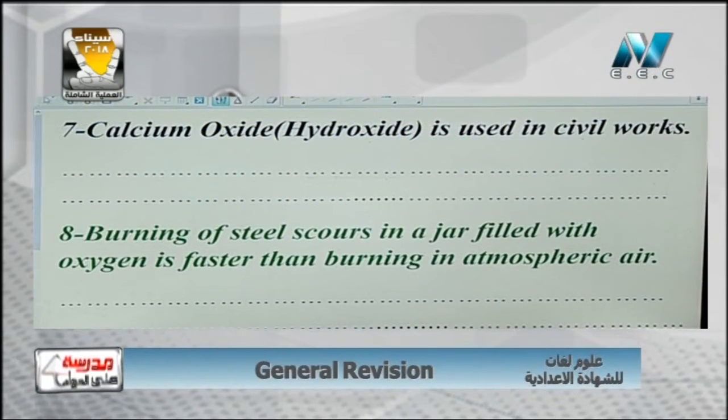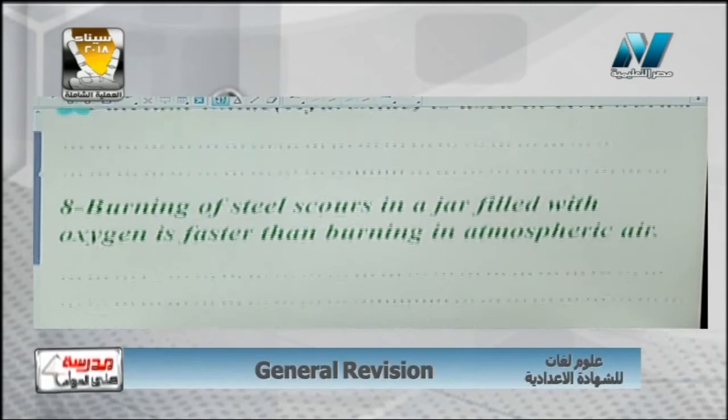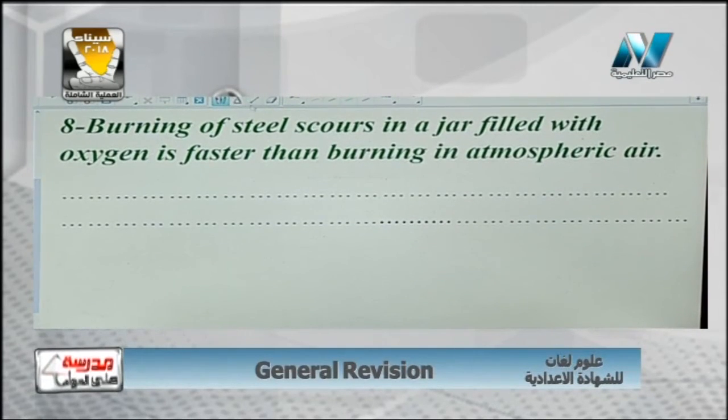Next question، انا هسيب نمبر 7، هنحل نمبر 8. بيقول لي burning of steel source in a jar filled with oxygen is faster than burning in atmospheric air. So here we talk about what?